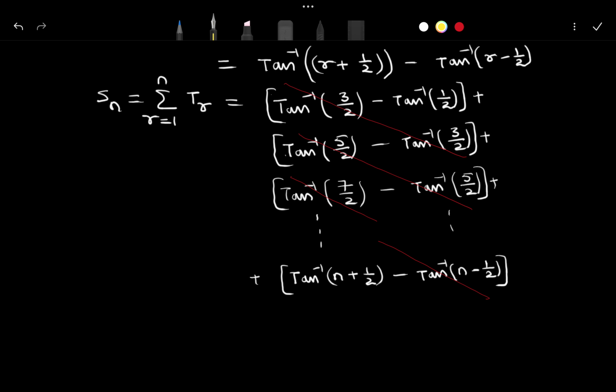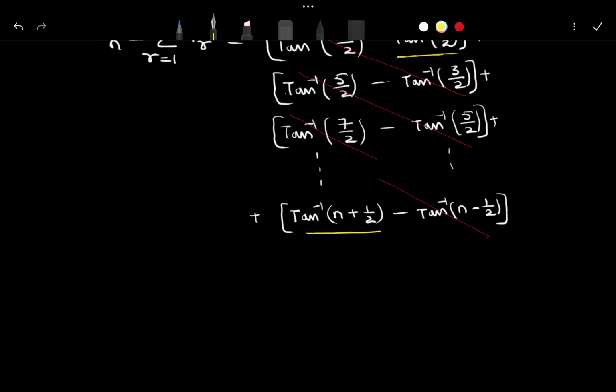In the last term, tan inverse of (n plus 1)/2, and in the first term, minus tan inverse of 1/2. So the final resultant value is tan inverse of (n plus 1)/2 minus tan inverse of 1/2.